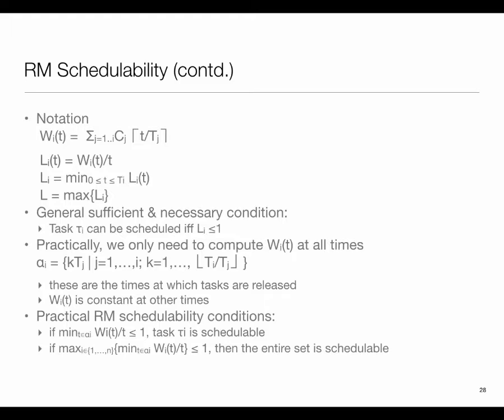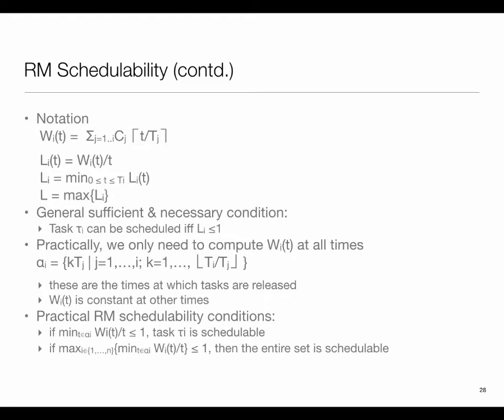The minimized part refers to this workload. Remember, our requirement is that work in time t should be less than time t itself. That is, I should have more time available than time needed. So what we are really looking for is that the smallest value of L sub i should be less than or equal to 1. That is, there must exist some t such that L sub i of t is less than or equal to 1.